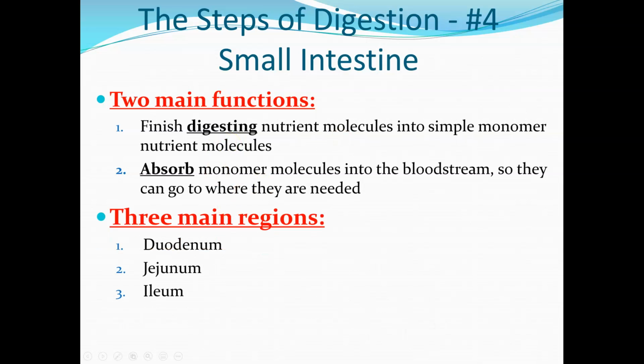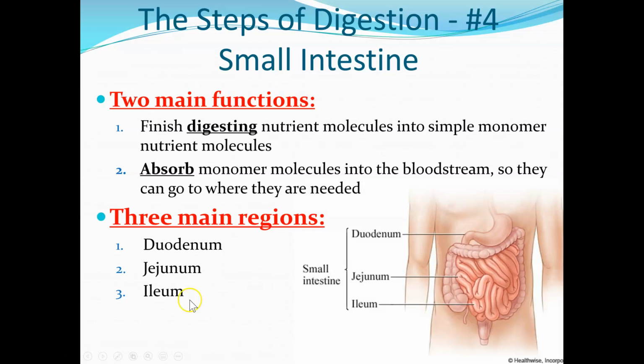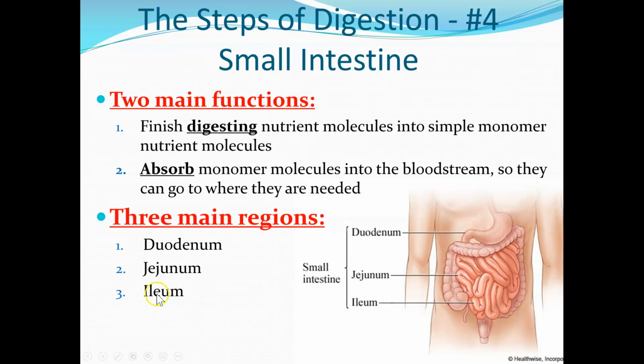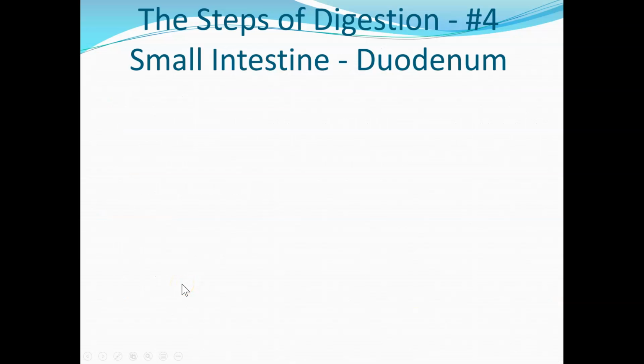There are three main regions of the small intestine. Again, I mentioned before that the first section of the small intestine is the duodenum, the jejunum is the second part, and the ileum is the third section. So the duodenum is right over here, the jejunum is the middle part, and the ending is the ileum.